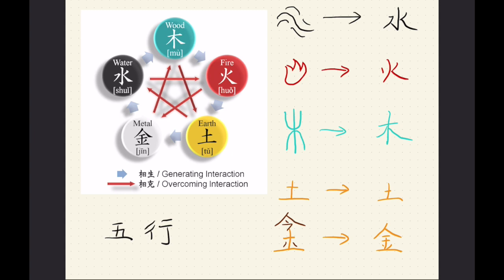And this is a modern Chinese way to write Jin. 金, 木, 水, 火, 土. These are the 5 elements of the universe, also known as 五行.